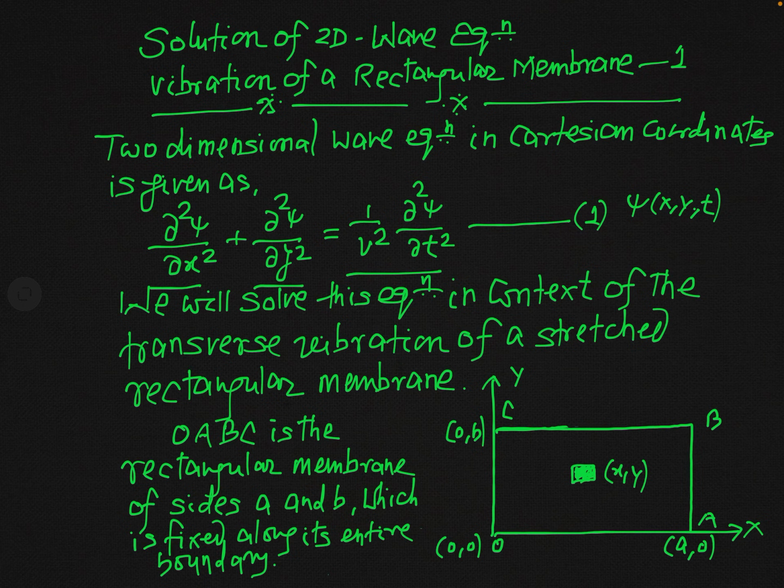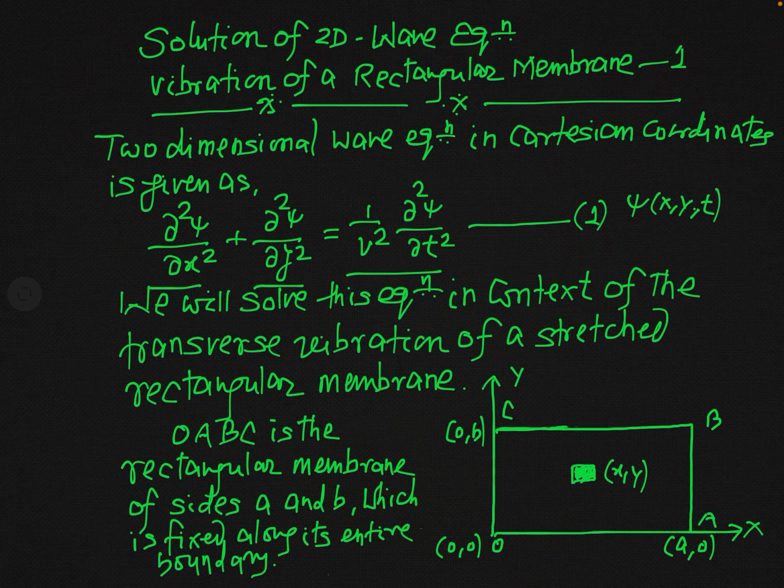The length, that is OA or BC of this membrane, is A, and its breadth is B. It means OC is equal to AB, and that is equal to B. Actually, this membrane is stretched at all its boundaries.